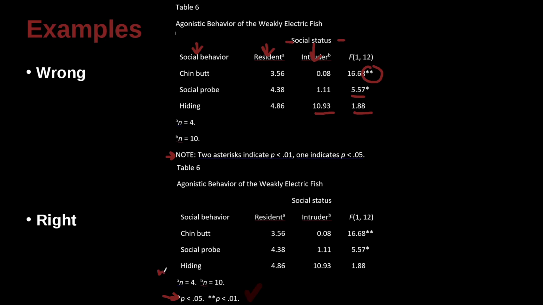Now, do we have a general note here? Do we have this note? No, there's no note here. We don't want to say anything. But we do have the A and B, because A is explaining this A, B is explaining this B. So that's a line. And then we have probability, which is the last line. So remember to put them in the right order.